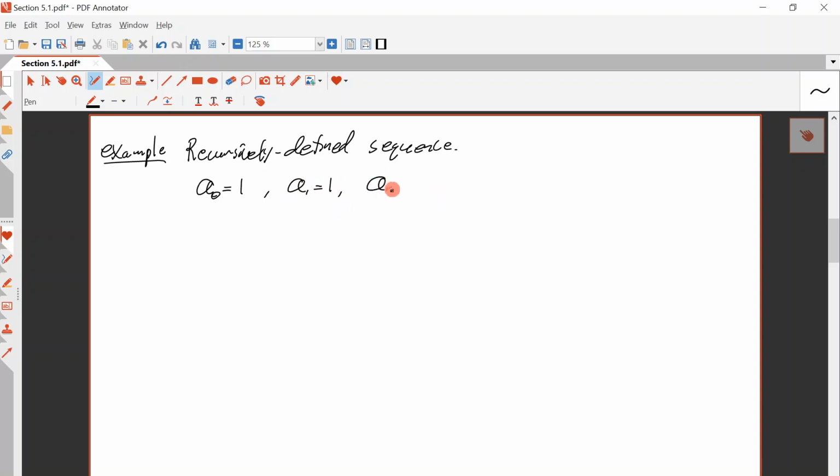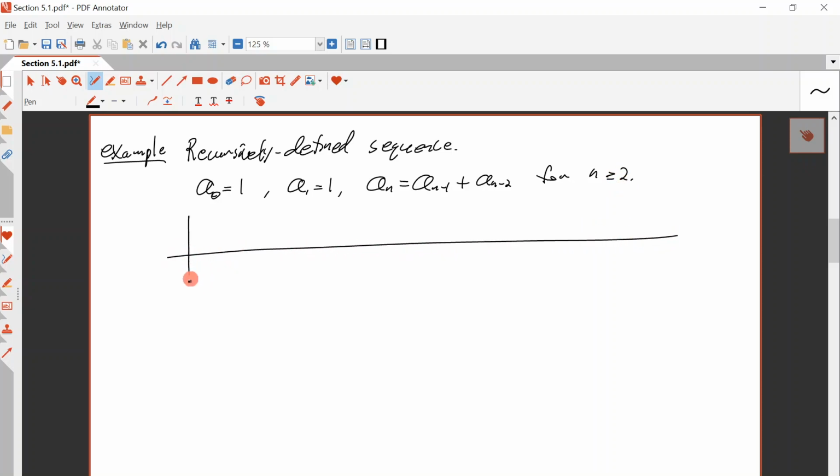And then AN is equal to AN minus 1 plus AN minus 2 for n's bigger than or equal to 2. So to make a little chart out of this, we have AN, and n is 0, 1, 2, 3, 4, 5, 6, 7.